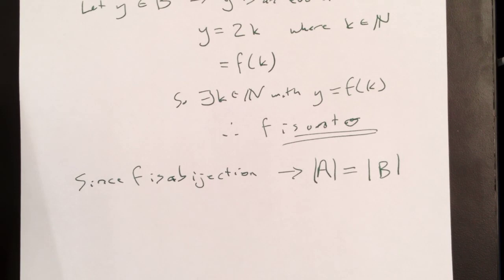Somebody pick another number. Any number. 5. If I only look at multiples of 5, 0, 5, 10, 15, 20, 25, 30, and keep going, how many of those are there? The same size. My function, f of x, is 5x, not 2x.